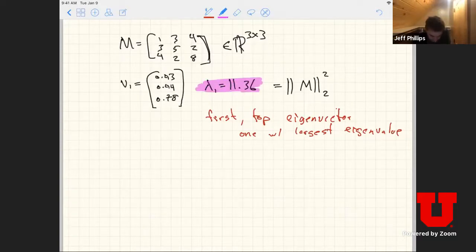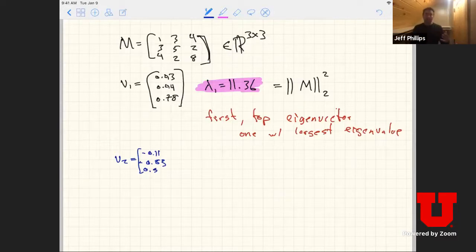Okay, let's write down the other ones. V2 is going to be minus 0.11, minus 0.83, 0.54.